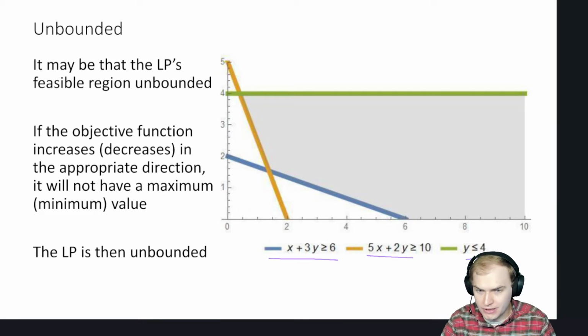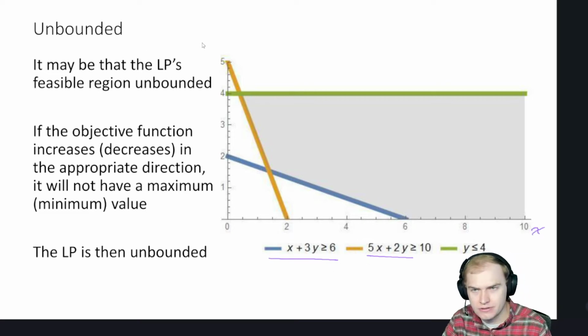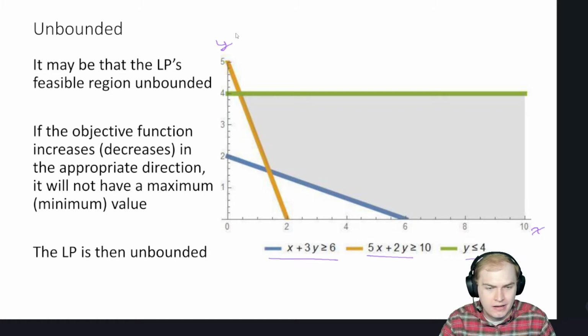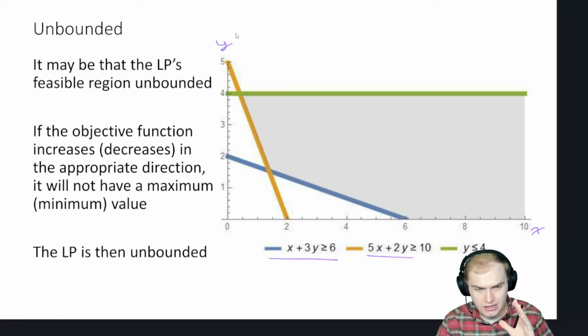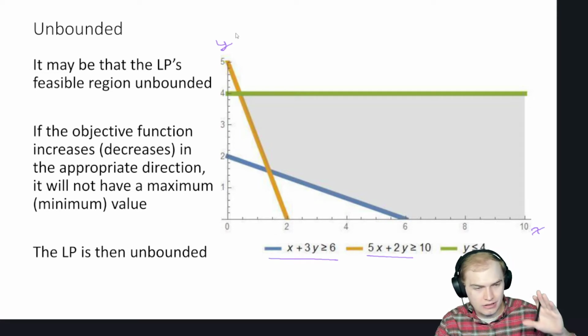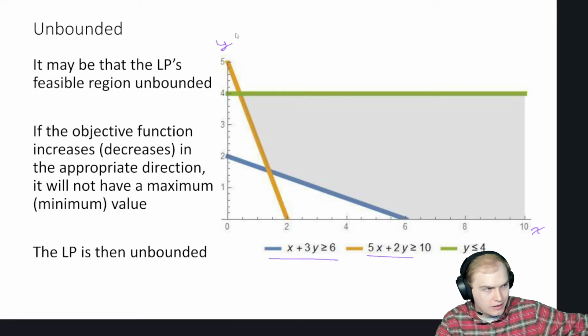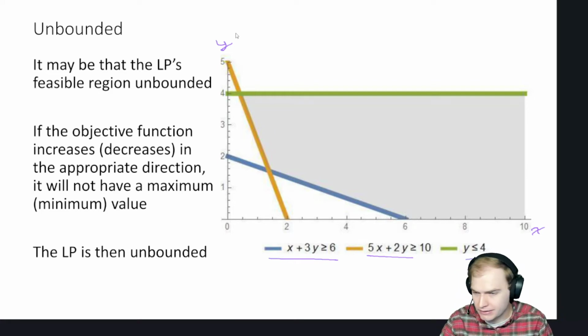Our only variables are x and y, just so we can see them in 2 dimensions. And we can see that this region runs off to infinity in the positive x direction. And in fact, I haven't included the non-negativity here, so you could also run off to infinity in the negative y direction.